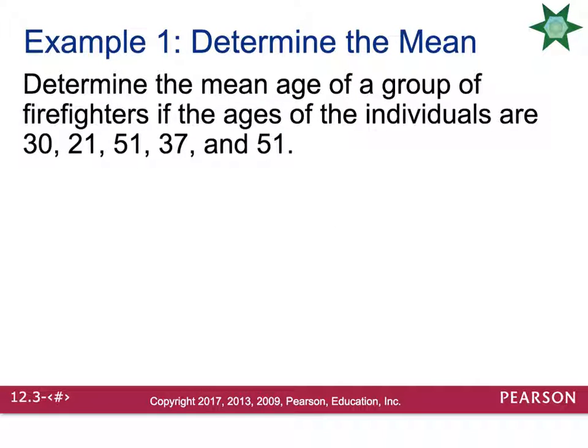So let's look at an example. Determine the mean age of a group of firefighters if the ages of the individual are 30, 21, 51, 37, and 51.